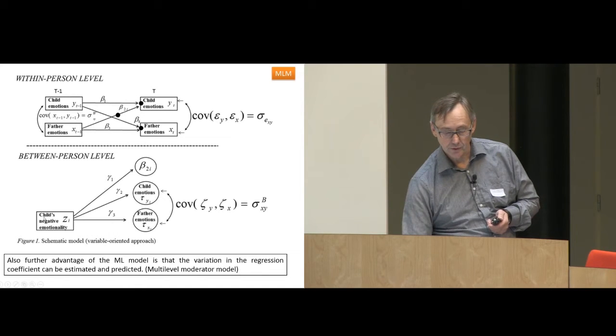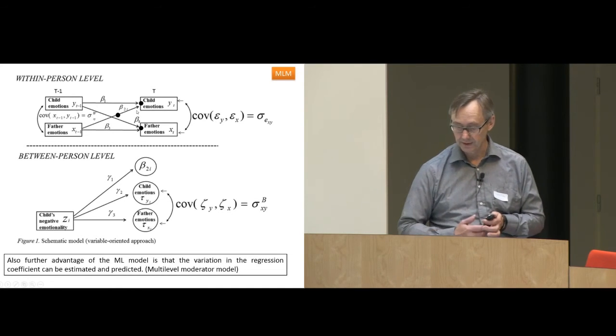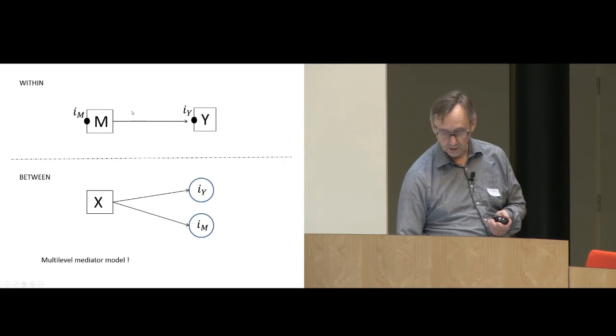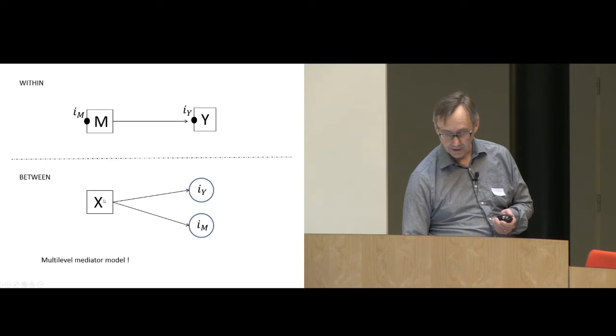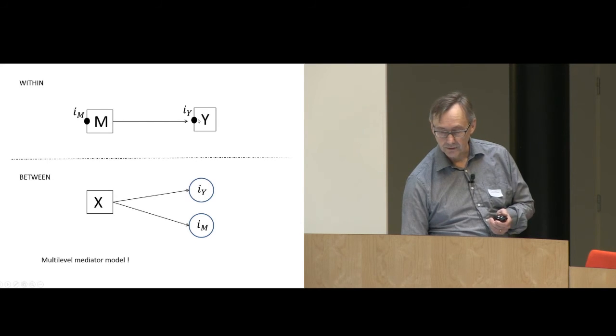Child's negative emotionality changes this association between father and child between successive days. I can use a multi-level mediator model. Then I have a random intercept in the mediator, and this tells that this variation is modeled in between level. It's a latent variable, and X now explains variation in intercepts, and then there is an association between mediator and outcome.